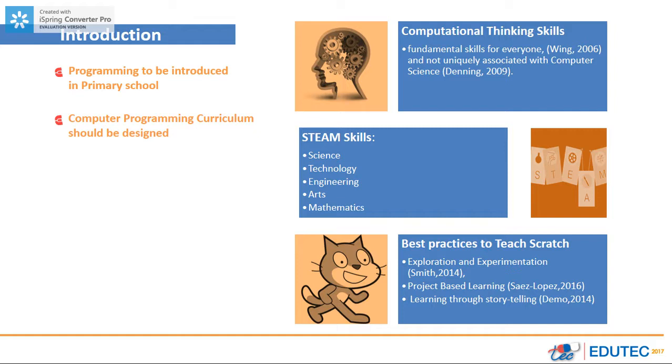When it comes to STEAM education, it combines 5 disciplines: science, technology, engineering, arts, and mathematics. STEAM is a cross-curricular teaching model and aims at creating knowledge as a whole. Scratch is a programming language developed by the MIT Media Lab, and it can be taught through exploratory, project-based, and storytelling teaching techniques.